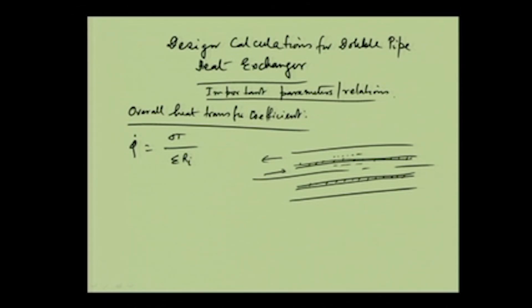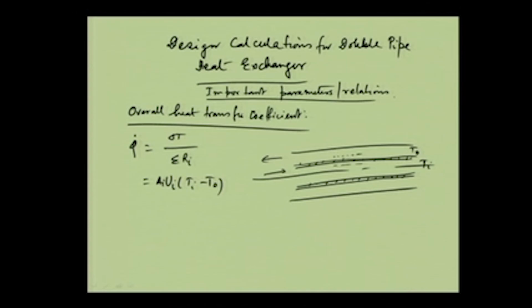And these equations can also be written as: A i, the surface area of the inner tube, into U i, where U i is the heat transfer coefficient based on the inner tube area, into T i minus T o. T i is the inner tube temperature, and the outer temperature, the annular temperature, is T o.